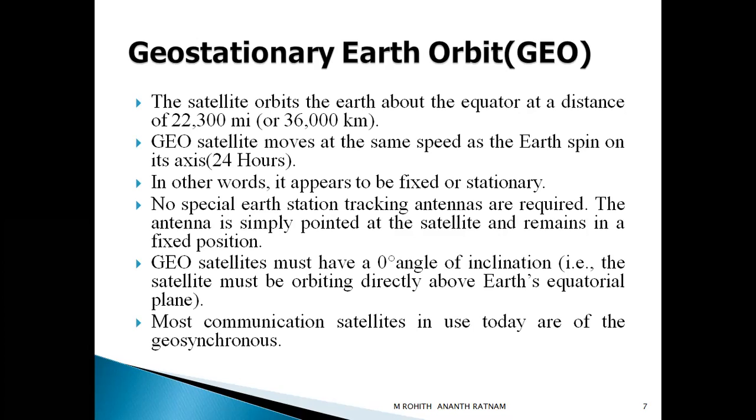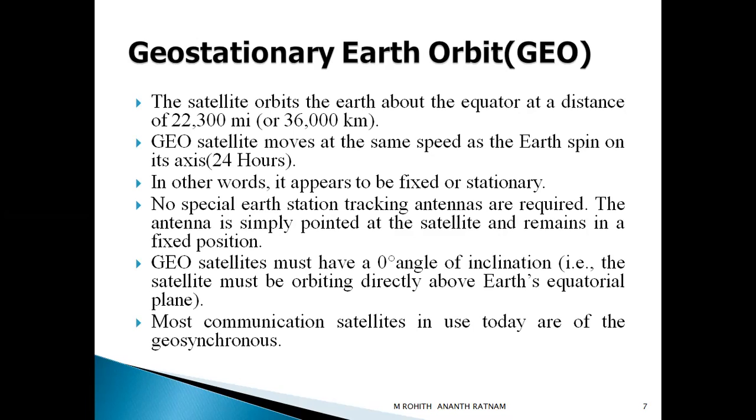So it looks exactly stationary. That is what we call a geostationary orbit, right? Now, another thing: when you are locating satellites in the geostationary orbit, to cover the total Earth we need only three satellites.